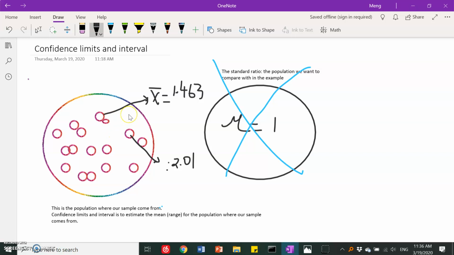So here is a question: what is the true mean for this whole population? Of course, we cannot have a very accurate estimate of this population's true mean. So what we can do is set a range for this true population's mean. Okay, so we hope that our true population's mean will be likely to fall into this range. So we're going to talk about this range.